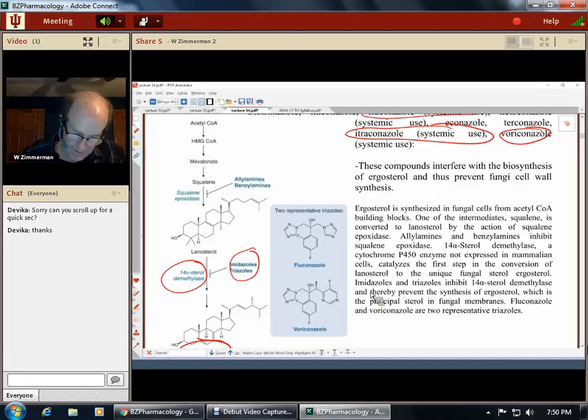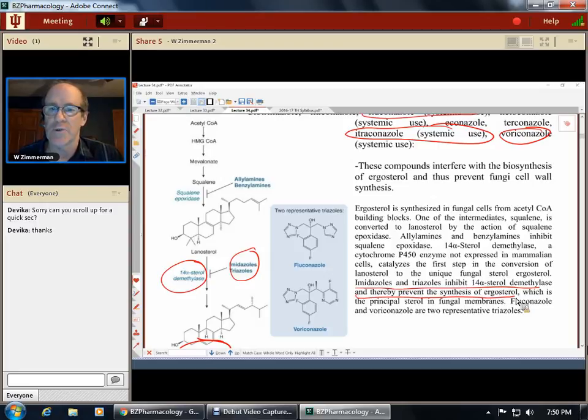And it's over here. So we don't get the synthesis of ergosterol. So fluconazole, voriconazole are two representative triazoles, great drugs. So much better to go to than amphotericin B.